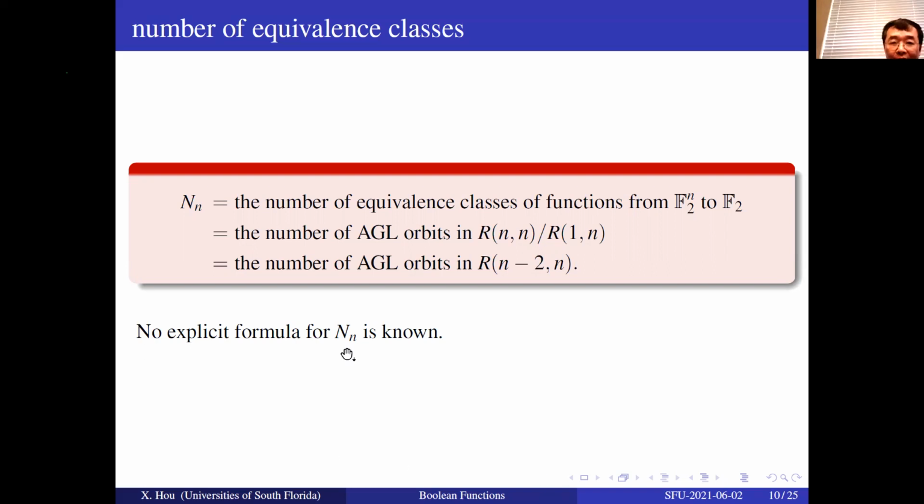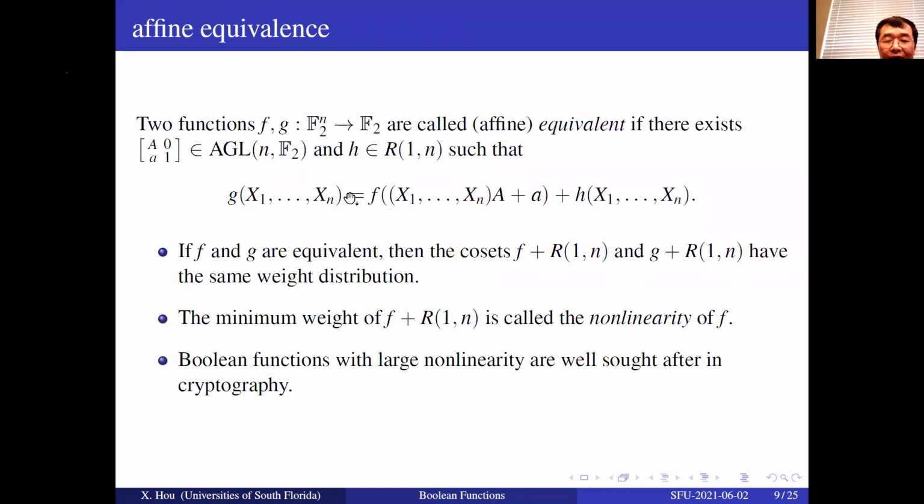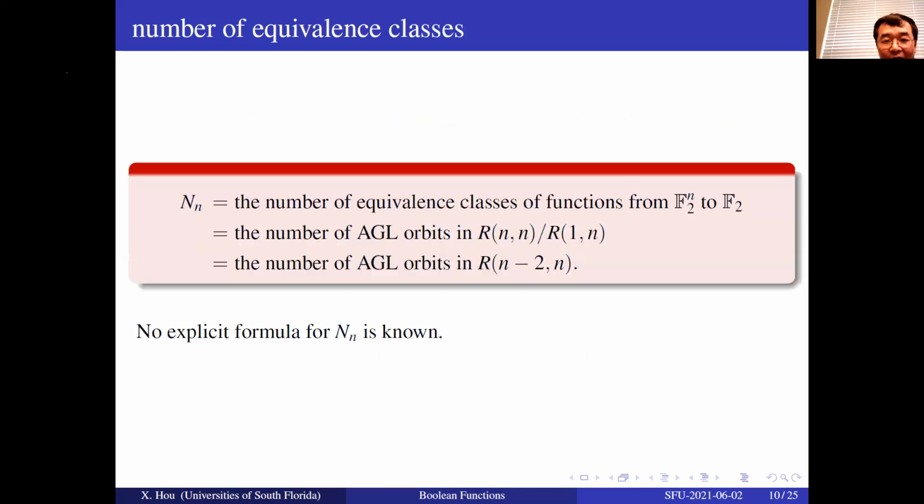From the previous slides, saying that F is equivalent to G is equivalent to saying that these two cosets are equivalent under affine transformation. So the number of equivalence classes of functions from F2 to the n to F2 is the same as the AGL orbits of this quotient space.